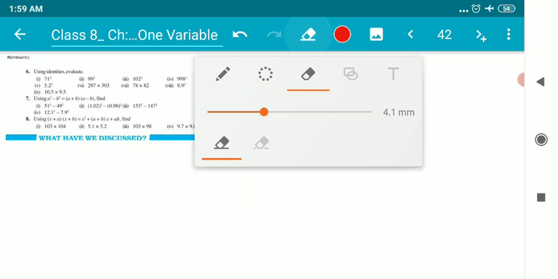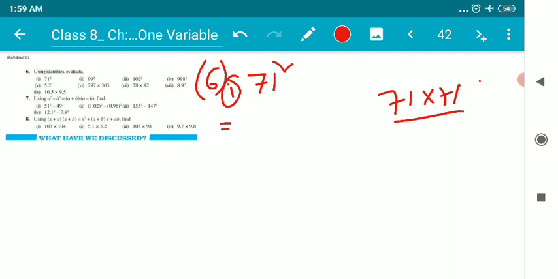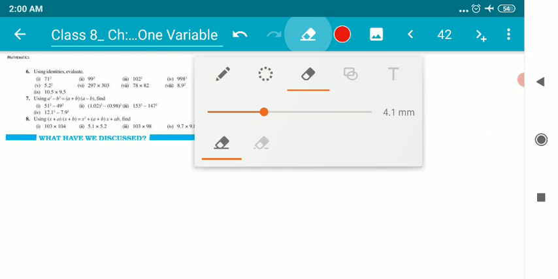Here in question number 6, we can learn something very new. Question number 6, 1 is 71 square. Children, you might be thinking, using the identities, how can we calculate? We could have calculated 71 into 71 and gotten the answer. Yes, we can, but this is not the sum which is being asked.